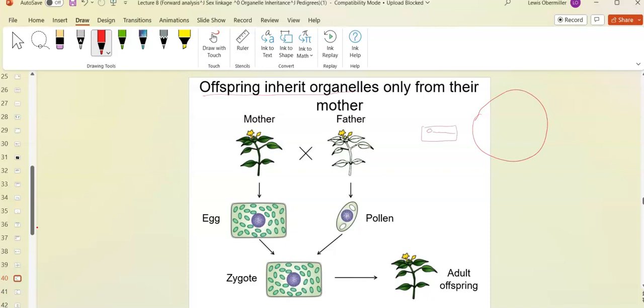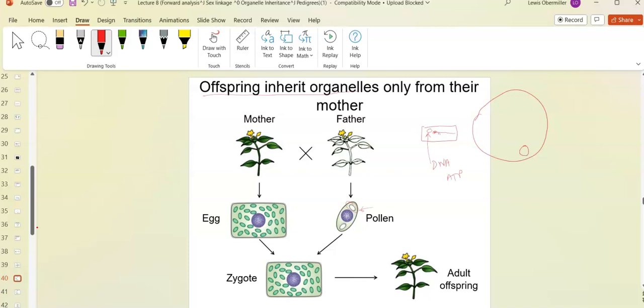Because the sperm is so small, most of the material in the sperm is DNA and ATP, and that drives the tail. The same is true with pollen. Usually there's lots of pollen. They're very small. They don't contribute many organelles at all, right? In fact, if you looked at humans, no mitochondria are contributed by the sperm.